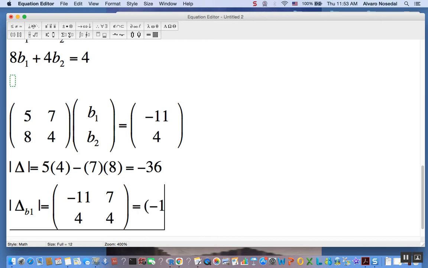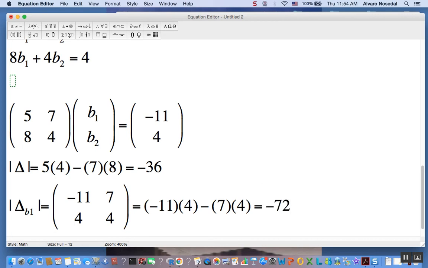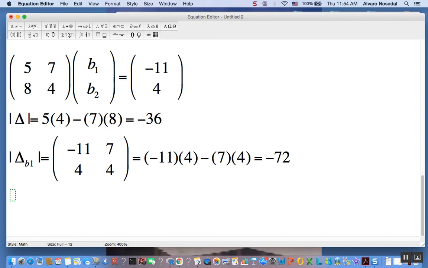So minus 11 times 4 minus 7 times 4, right? Which happens to be minus 44 minus 28, and that gives you minus 72 as a result. Okay?